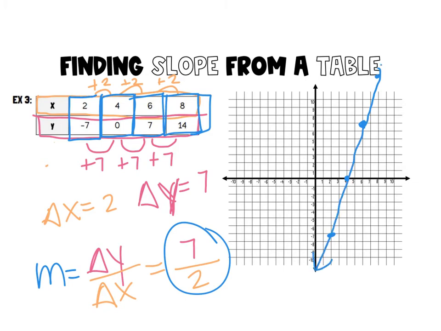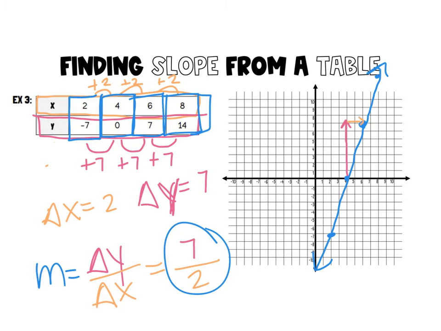Just like when we were creating a table ourselves, we now have the table, and we only have to find the change, but I'm showing you how to graph it from there. So now I'm going to find my rise over run. Go up 1, 2, 3, 4, 5, 6, 7, and we're going to run 1, 2.